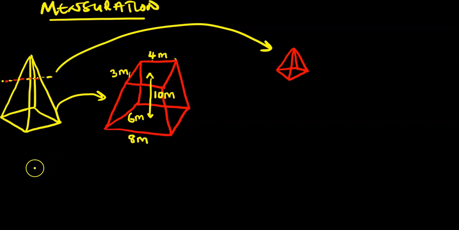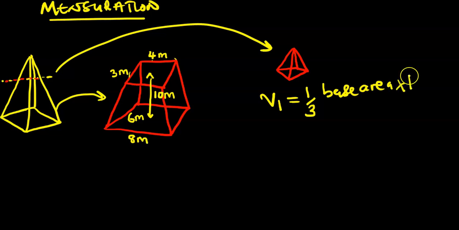The second thing that you need to know is that for us to find the volume of the frustum that we have here, we need to find volume 1. Volume 1 is the volume of the pyramid before it was cut. And how do you find the volume of the pyramid? It is 1/3 base area times height.